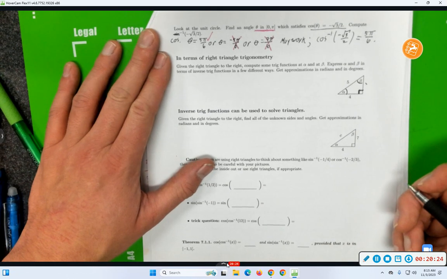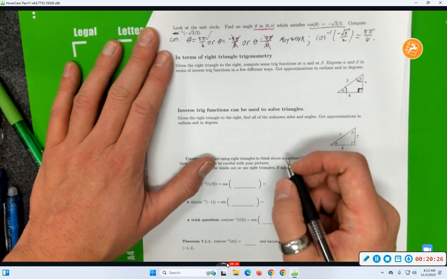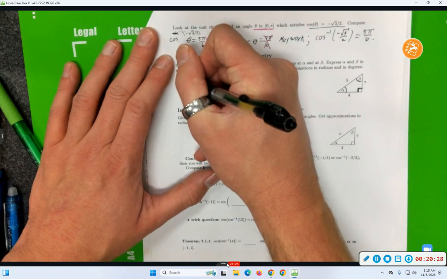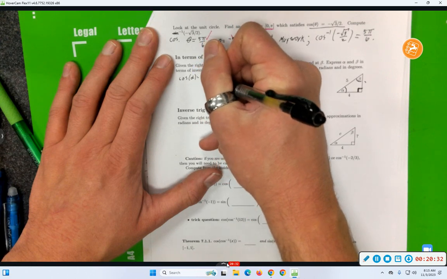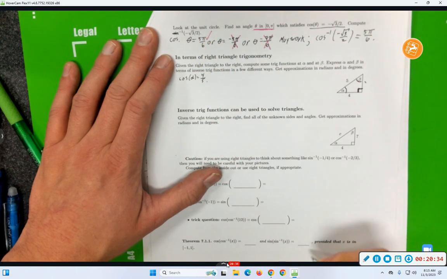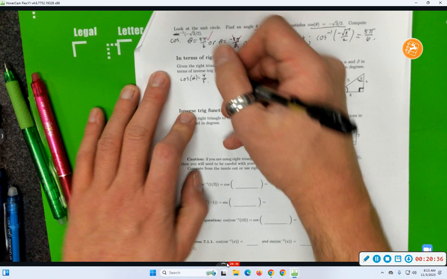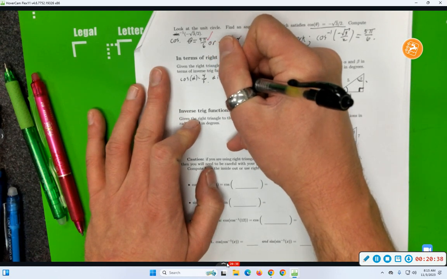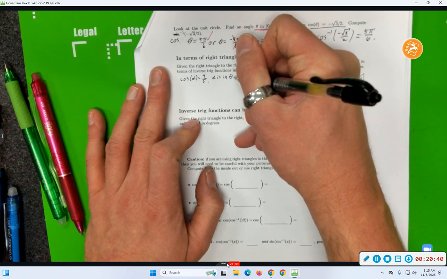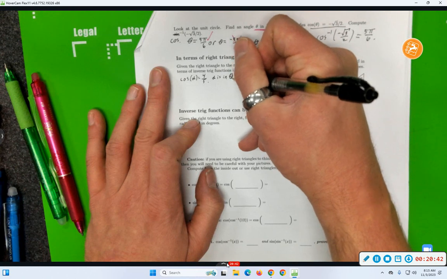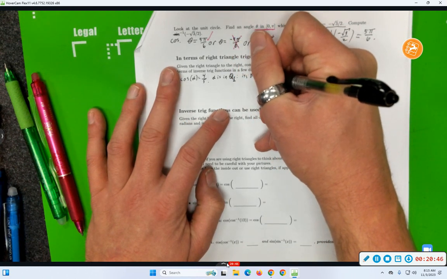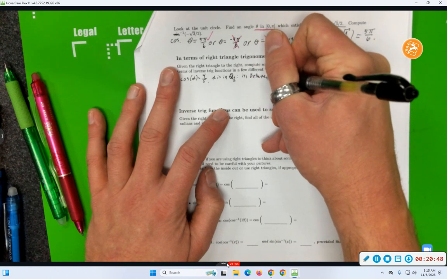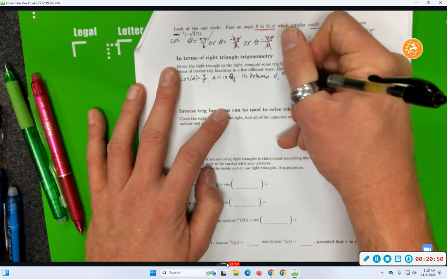So maybe we'll start with this. Here's one thing I definitely know. Cosine of alpha is 4 over 5. Also, alpha is in quadrant 1, between 0 and pi over 2.